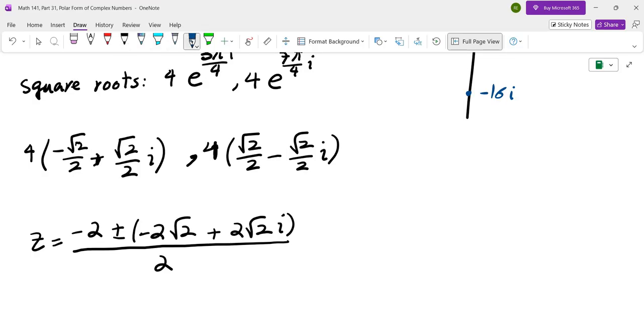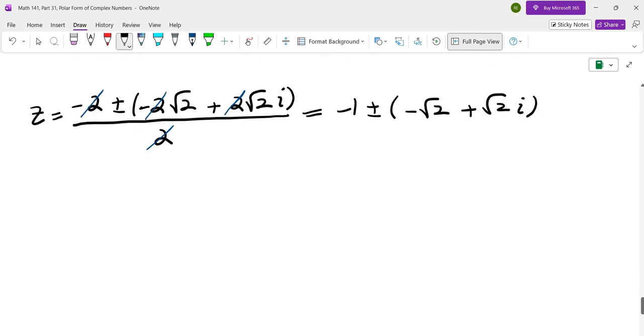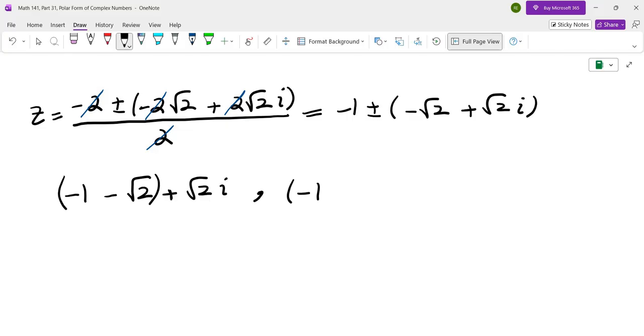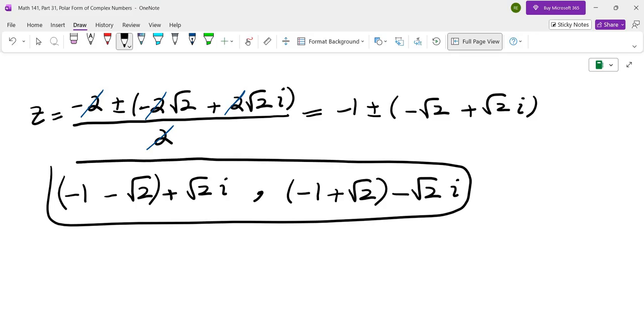Now we can simplify the 2s, so we get negative 1 plus or minus negative root 2 plus root 2 i, which gives us the two roots. One of the roots is negative 1 minus root 2 plus root 2 i, and the other root is negative 1 plus root 2 minus root 2 i. These are the two roots of this quadratic equation that they gave us.